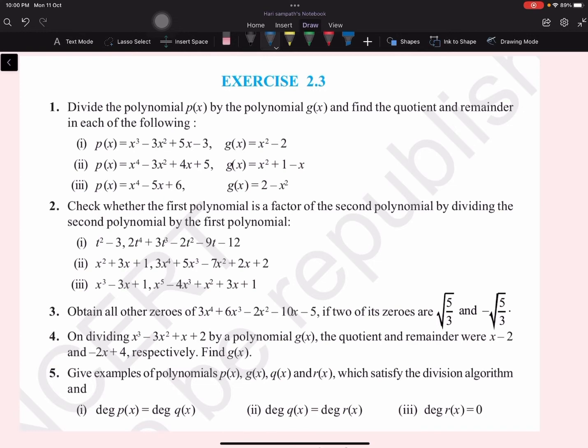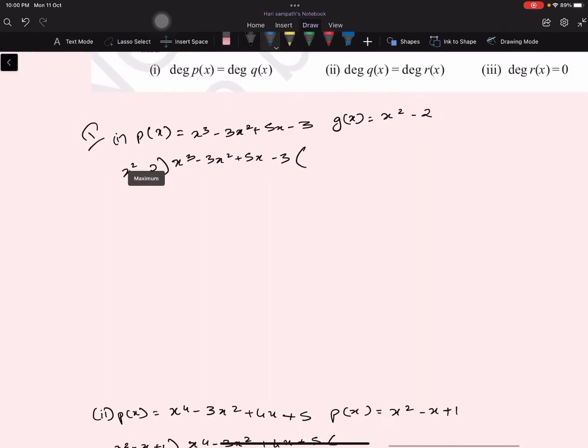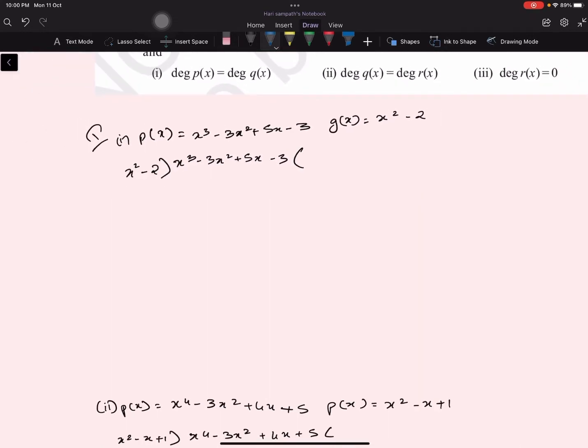So let's start. First, x square minus 2. What would you multiply with x square in order to get x cube? You would multiply it with x, right? So that's what I'm going to be doing. X cube minus 0. I'm going to subtract them in order to cancel the first term.